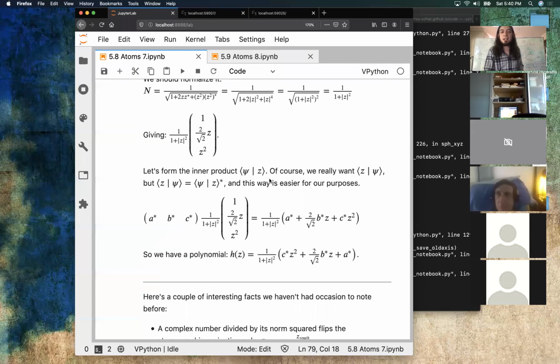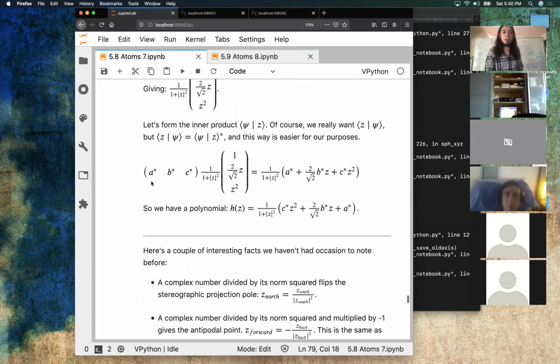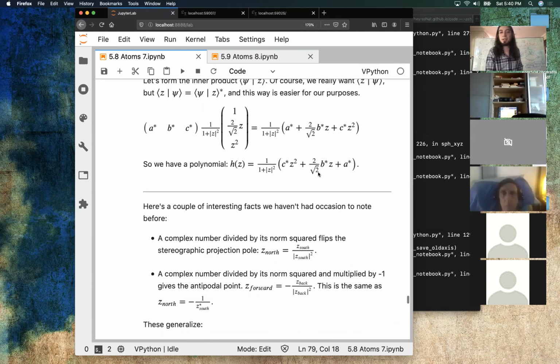So now let's form the inner product, psi on Z. Before we wanted Z on psi, but it's actually easier to see if we just flip it around. So remember psi is just some spin 1 state, ABC. We conjugate it, and we take the inner product with this spin coherent state where there are 2 stars at Z. And we get this polynomial.